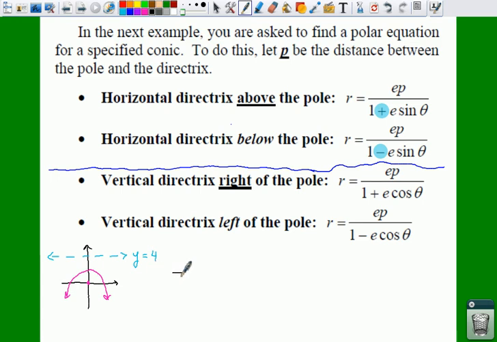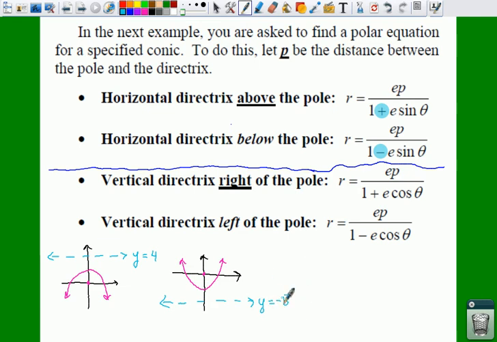Here you would have your focus at the pole, and your graph would be going up in this case, and your directrix would now be below the pole, which means you would have y equals some negative value, like a negative 5.